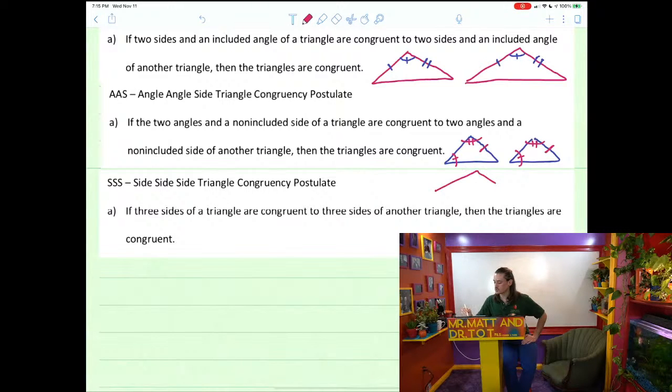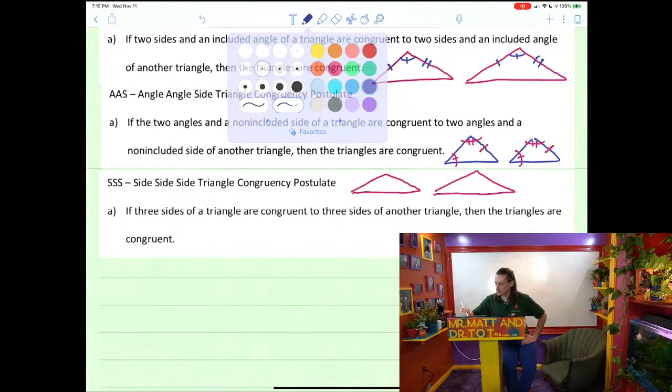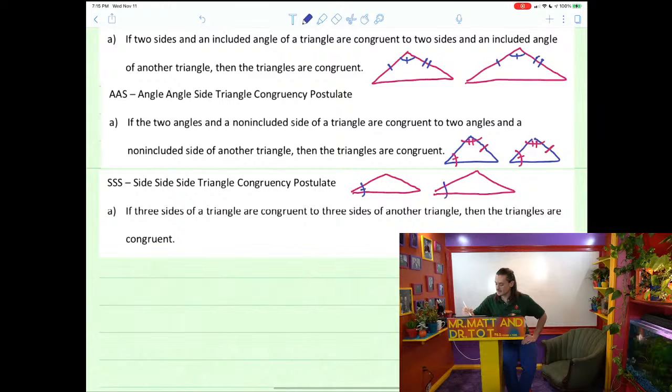Similarly, I could switch this up, but I just need to make sure that they're in the right order. So for example, if I know that these two angles are congruent, and then these two, so the same type of setup as before, but then the side is over here, that's also okay.